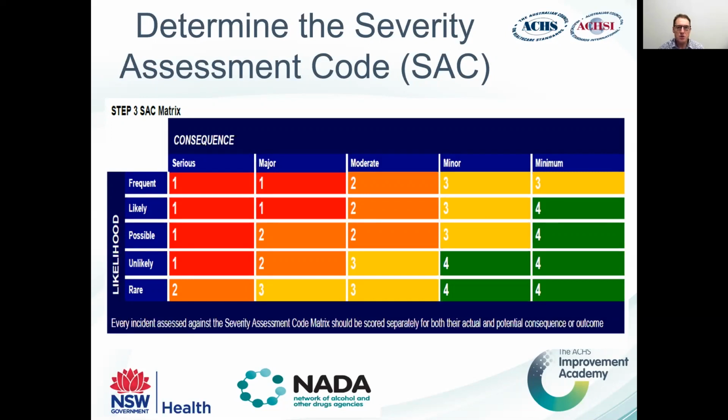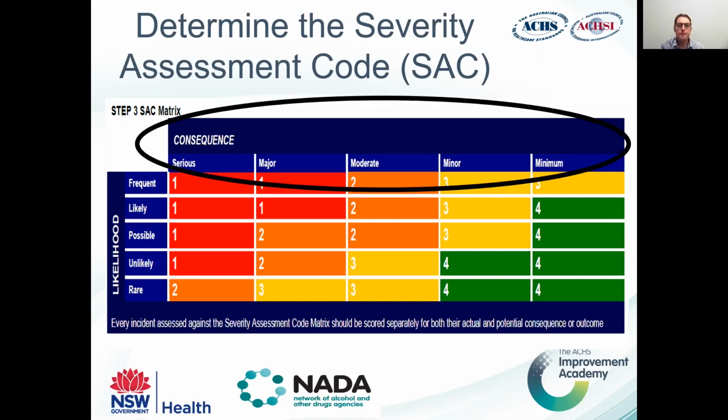It's a modification of the Australian and New Zealand risk management framework that's been around for many years. So there's a 3-step process that's used to determine the Severity Assessment Code, or SAC, rating. The first is to determine the consequence of the incident.